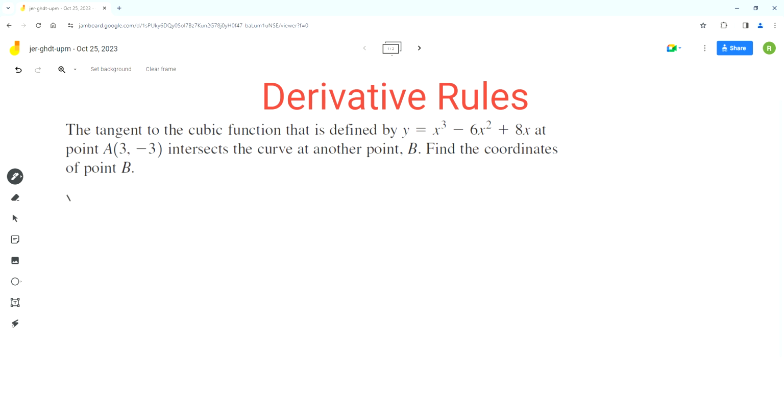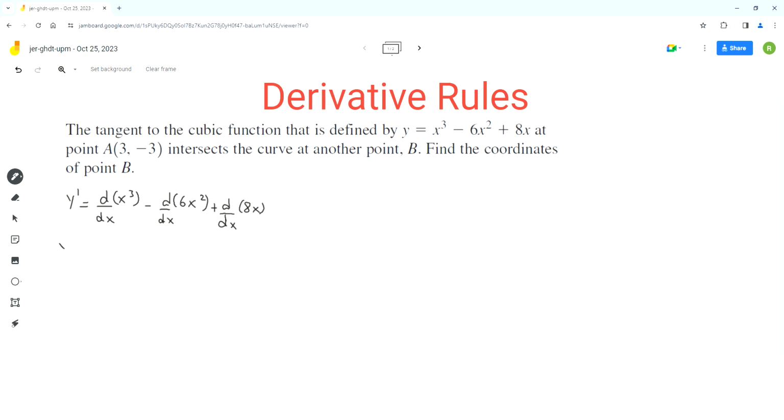We can write y prime, so I'm using the prime notation, which will be equal to the derivative of the first term over dx, minus the derivative of 6x squared over dx, and then the derivative of the third term, which is d over dx of 8x.